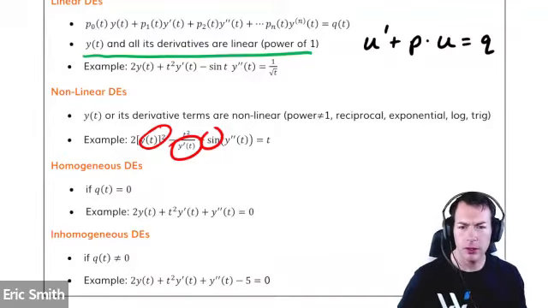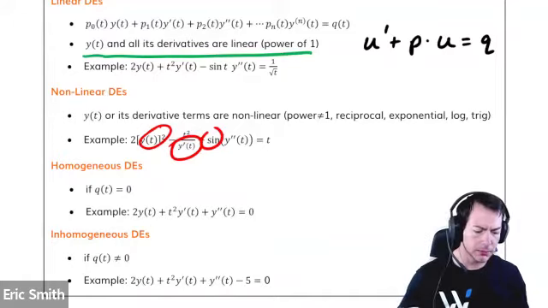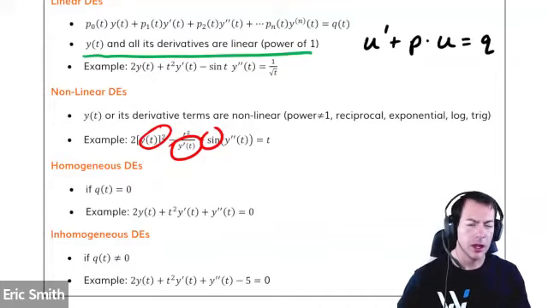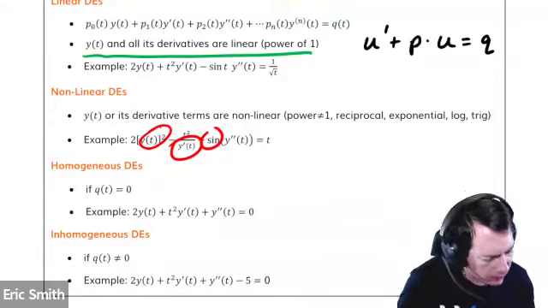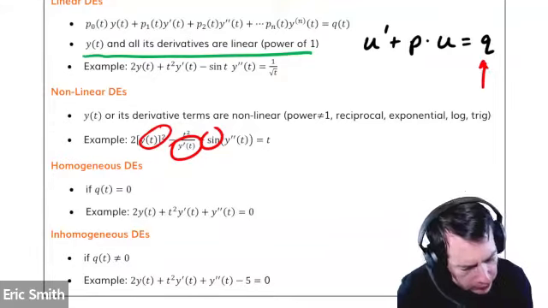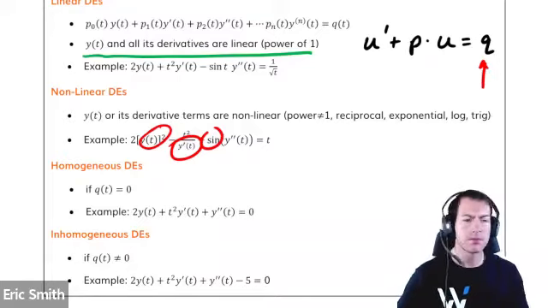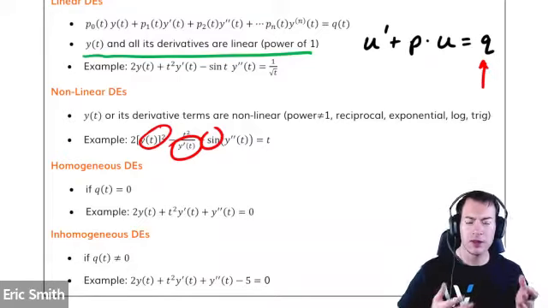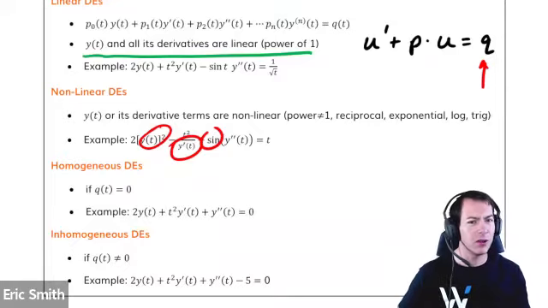Let's see, other things that we can use to classify this. Some differential equations are called homogeneous and some are called inhomogeneous. This has really to do with that term at the other end of the equal sign if it's written in this nice standard form. And it's all down to whether that particular function is equal to 0 or whether it is not equal to 0.